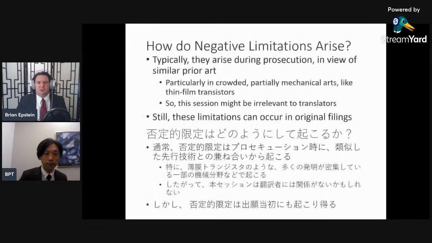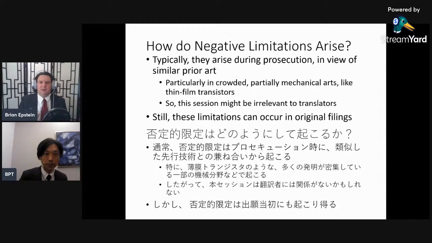And so the question then is, how did these arise? This is not a common way of claiming inventions. And so typically they arise during prosecution in view of similar prior art.